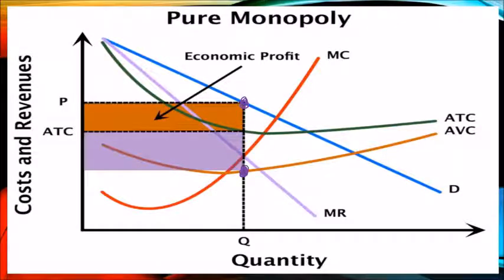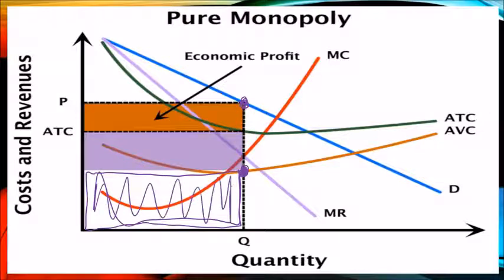And so we can say, okay, well, these are our average variable costs at this quantity. So we can think about all of our variable costs at this quantity, right? And we can compare our variable costs to what we actually get in terms of total revenue. And so we can say, okay, but we have all of this total revenue here, and the difference between the two would be our surplus then.